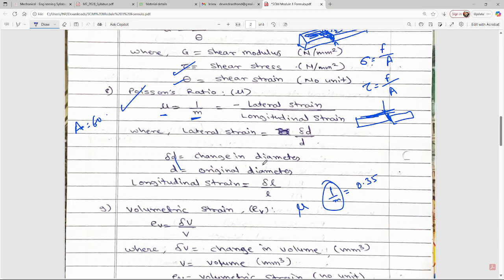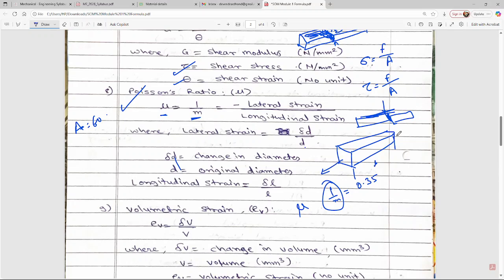Poisson's ratio is the negative of lateral strain upon longitudinal strain. Lateral strain will be delta d upon d. Lateral means, this is the length, right?